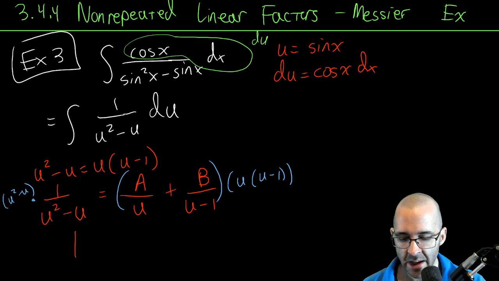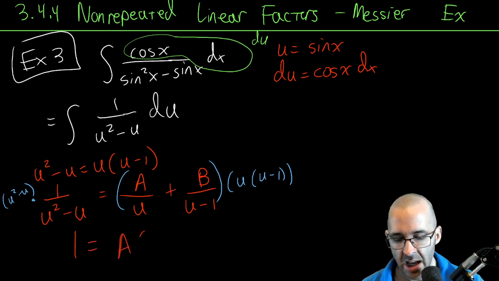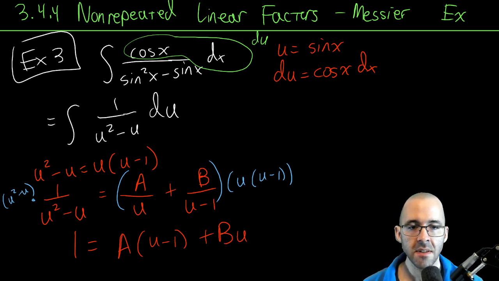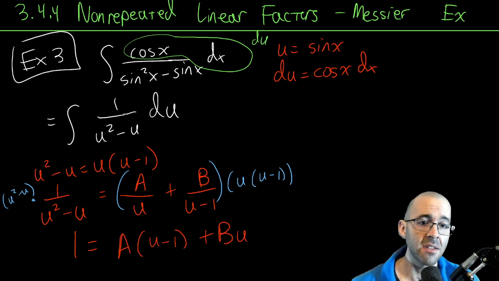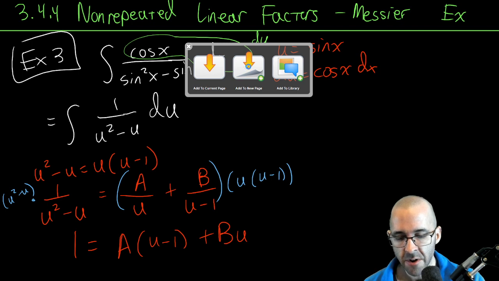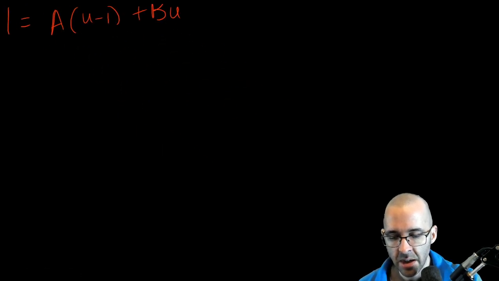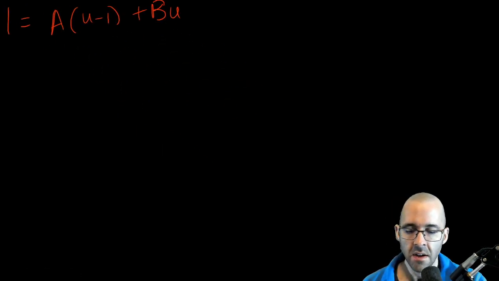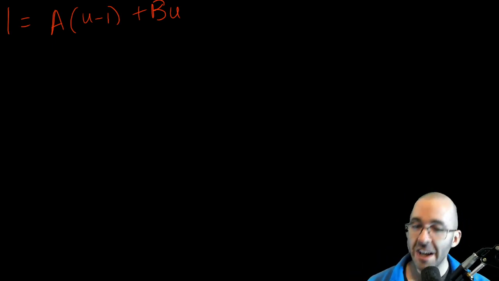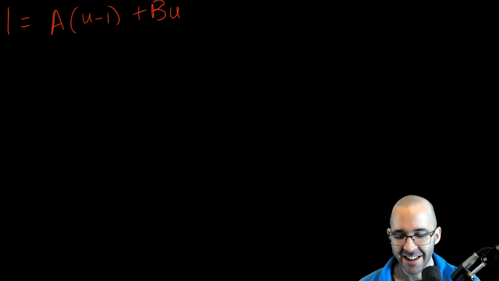And when we multiply that all out, we get 1 is equal to a, the u's cancel, plus b, the u minus 1's cancel. We can use both methods, and in fact, I'm going to use both methods just to show them. The first one is systems of equations, equating coefficients.